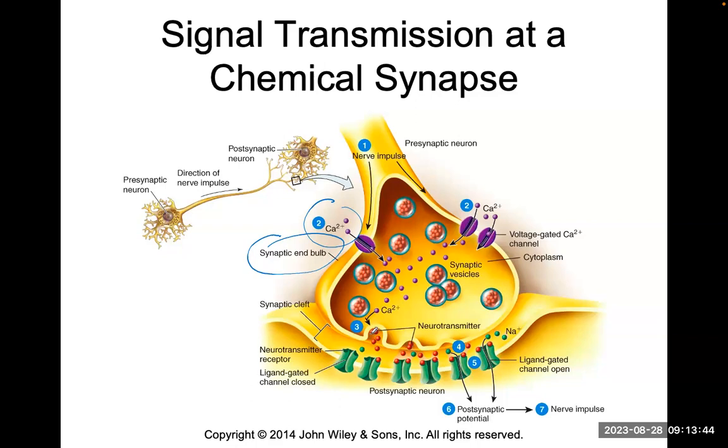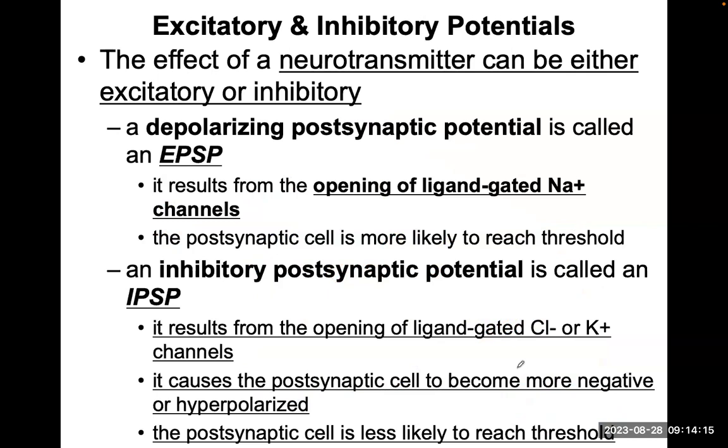It opens up, releases it through exocytosis into the synaptic cleft. Now the acetylcholine is binding to the postsynaptic side. And now this is a ligand-gated channel, because it's responding to a chemical or a neurotransmitter. And now acetylcholine is the key to the door. It opens up the lock, and now we have sodium that rushes in, and that creates the nerve impulse.